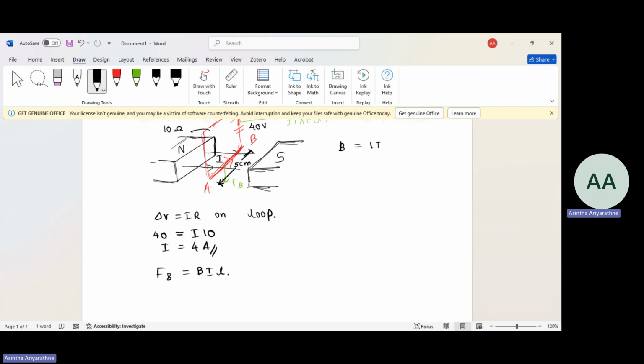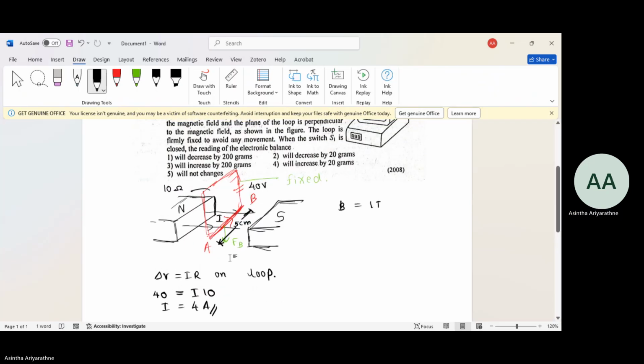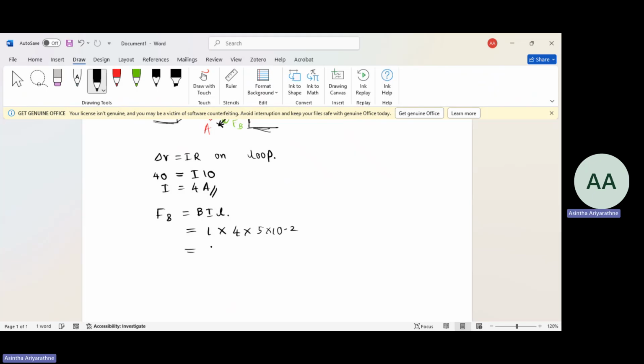Since the direction of current is perpendicular to the magnetic field, sine theta becomes 1, sine 90 is 1. So 1 into I, which is 4, into L, which is 5 into 10 to the power minus 2 meters, which is 2 into 10 to the power minus 1 Newton.